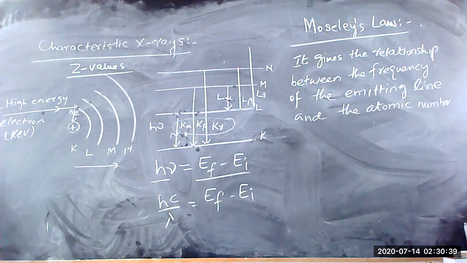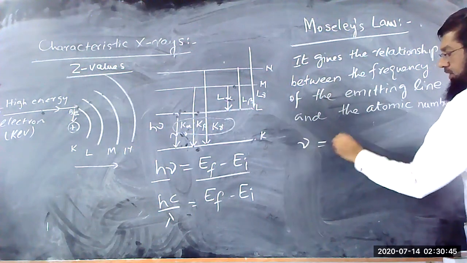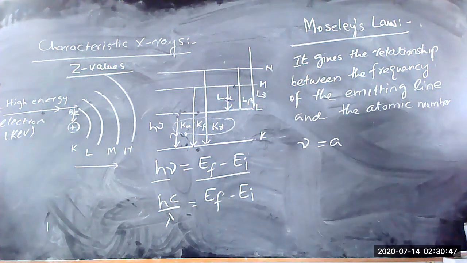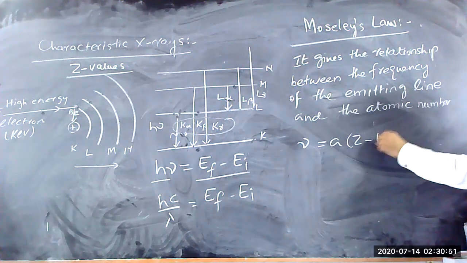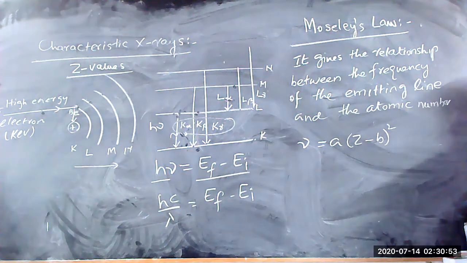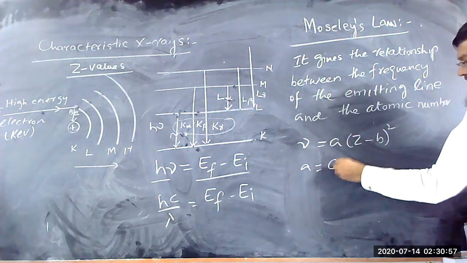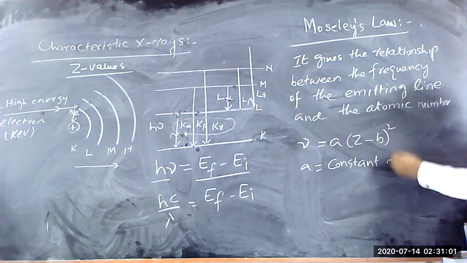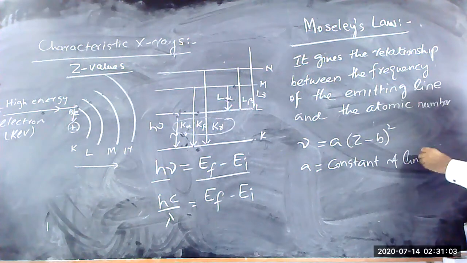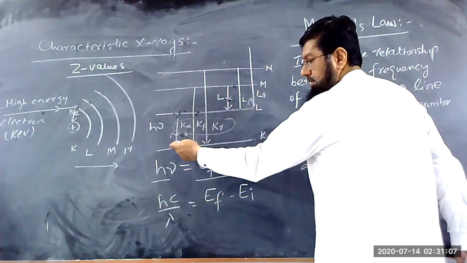So now we have to look at nu, which is the frequency, equal to A, which is a constant, times Z minus B, whole square. This A is the constant of the line. This line means the transition lines. This K alpha is a transition line.